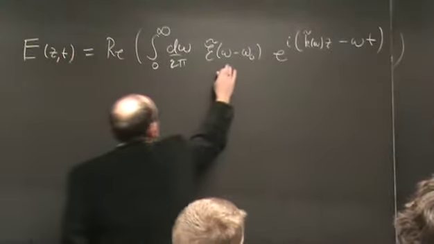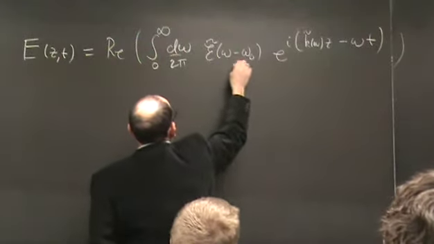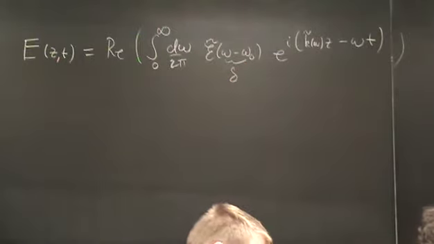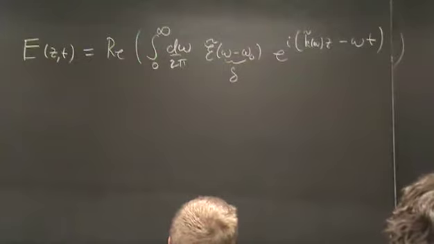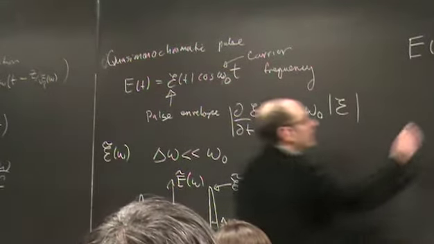So then, if we make the change of variables and we integrate over the difference between omega and omega naught, since this thing falls off very quickly, we can extend that integral from minus infinity to infinity, because it doesn't do much out here, just for simplicity.